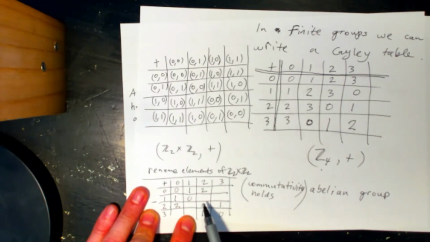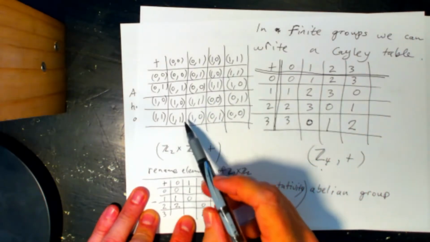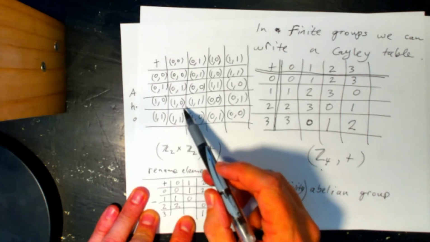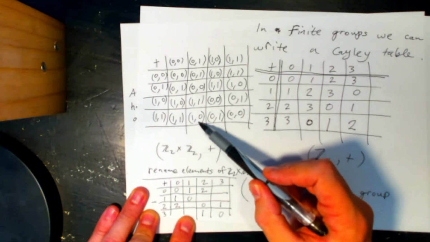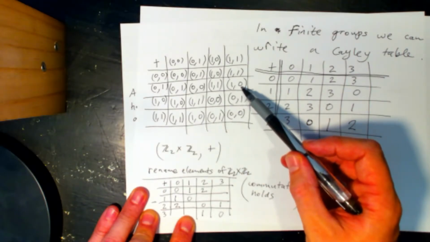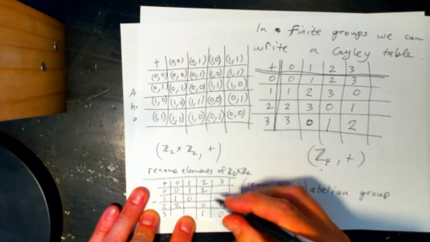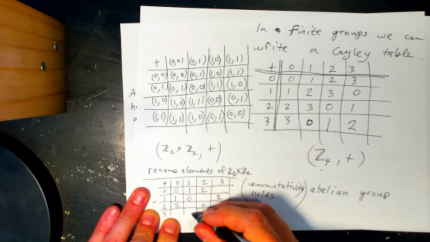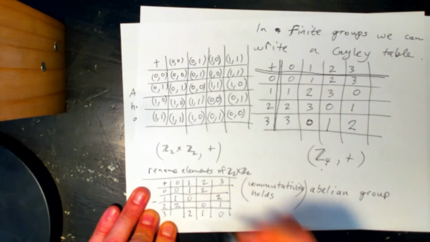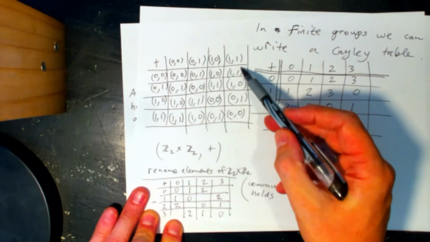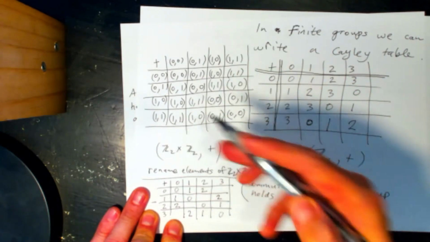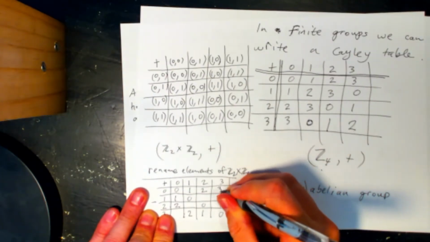Okay, I have other 1, 0s in this. We have them here and here. And then the last one that remains is the 1, 1, which we've got along this diagonal. So we rename that 3.